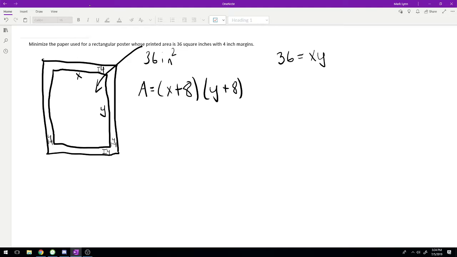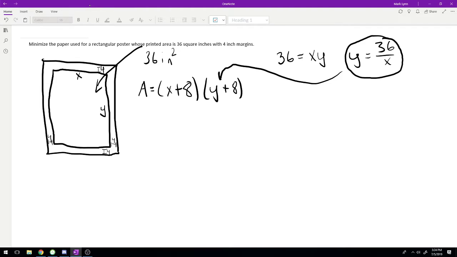Now we simply solve for y or x, and we can plug it in to the area. So I'll solve for y. It doesn't really matter either way. And now y equals 36 over x will be plugged in right here. So now we've got the area equals (x plus 8) times (36 over x plus 8).